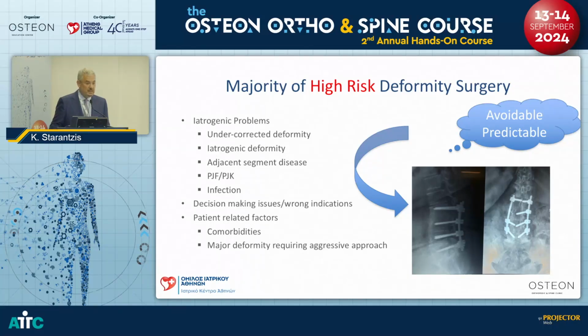It's the adjacent segment disease from degenerative surgery, the PJK, the PJF in deformity correction, the infections. There are also problems that arise from decision-making issues, wrong indications. I will show you examples of patients who are in trouble because of a wrong decision in the index surgery.